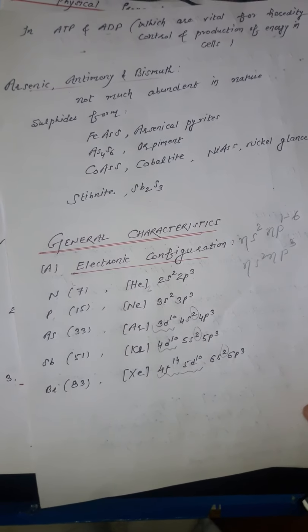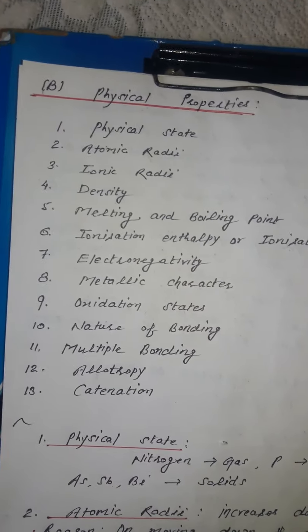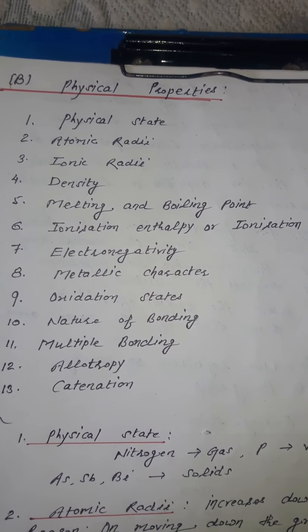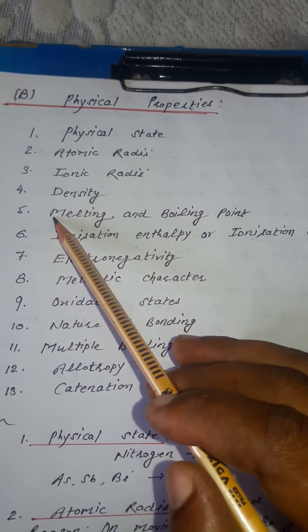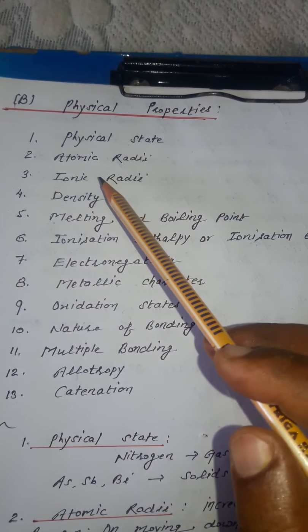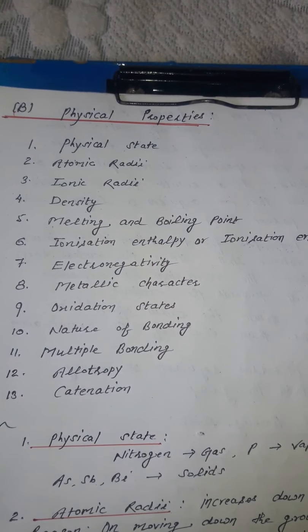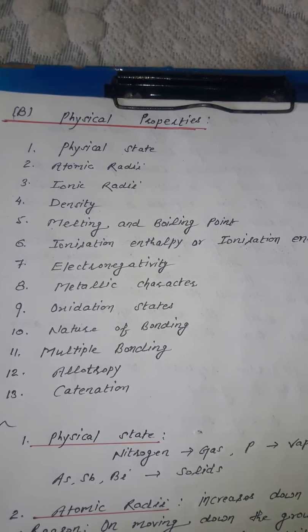After electronic configuration, next we have the physical properties, and there are 13 physical properties. Today in this lecture we are going to study only 5 physical properties: physical state, atomic radii, ionic radii, density, melting and boiling point, and the rest of these properties we will study in the next video.